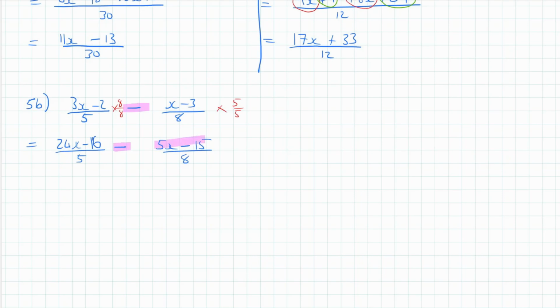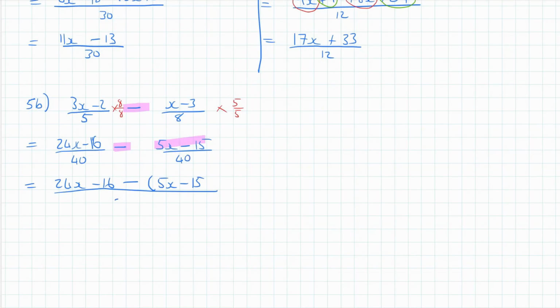So when we go to our next line, we're going to get 24x minus 16, take away all of that, and it's all over, oh sorry, I didn't change my denominators in that previous step, my apologies. We have cross multiplied, so we now are in 40ths, aren't we?